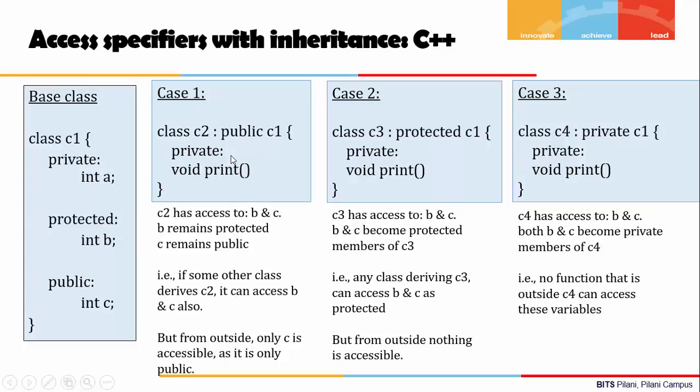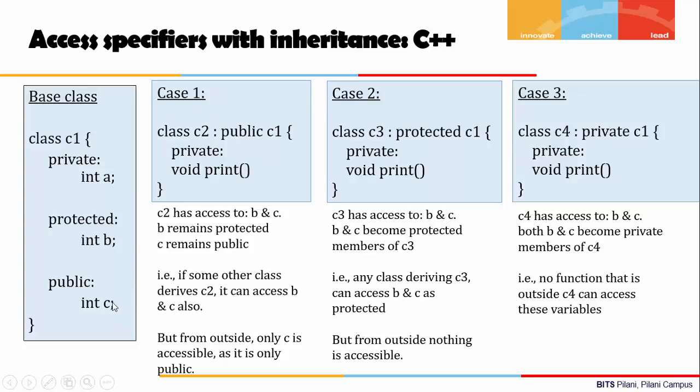So just review once again. Here, this is a public inheritance. So whatever is inherited here can be accessed outside, provided it is public. So we have inherited B and C because they are protected and public, but only public variable can be accessed outside. When we have protected, both the inherited variables are protected.